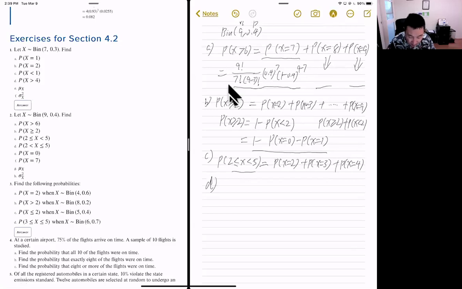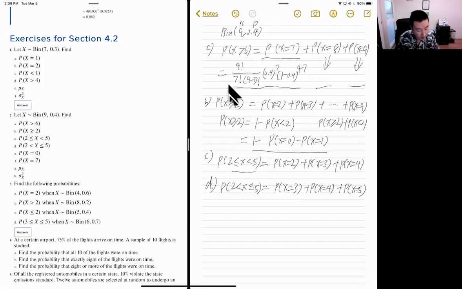Part D is similar. So larger than 2, but less or equal to 5. So that is P(x) equal to 3. No 2 here. Plus 4 plus 5.